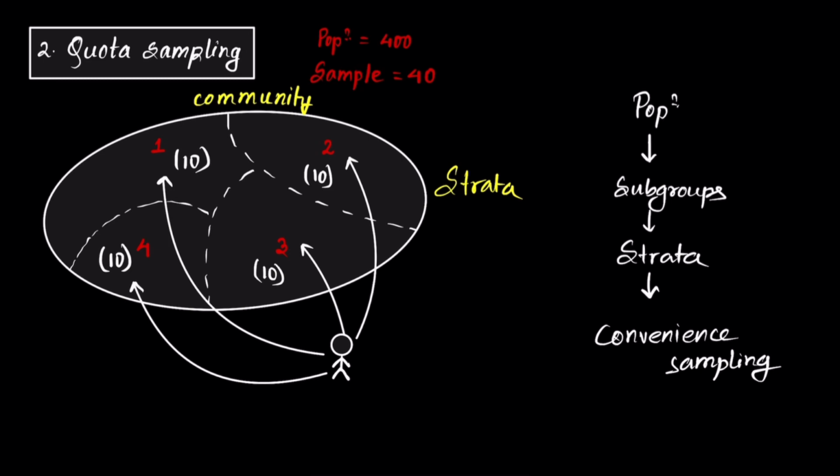The reason it is called quota sampling is because the surveyor has to fulfill a certain quota in each of these strata. For example, the surveyor, after he went to the first strata, had to collect a total of 10 samples, and that 10 right there is the quota to be fulfilled.